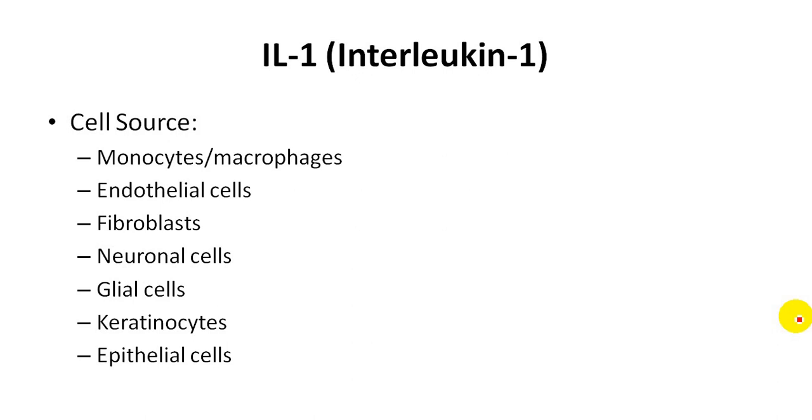These are the various cell types that produce interleukin 1. I already discussed the monocyte macrophage system, that monocytes, when they travel to the tissues, will be called macrophages.